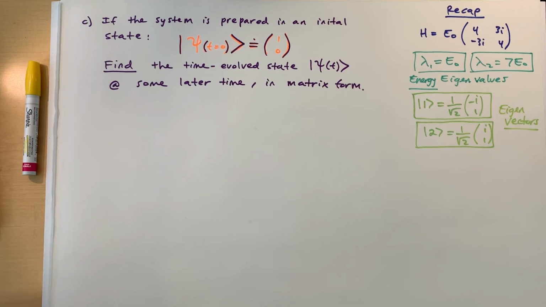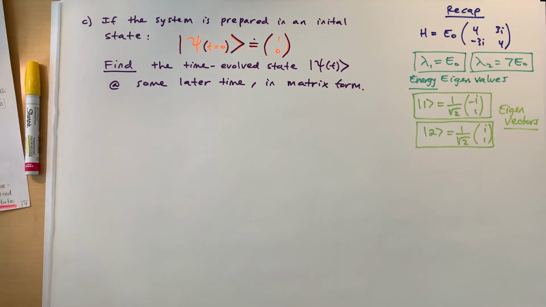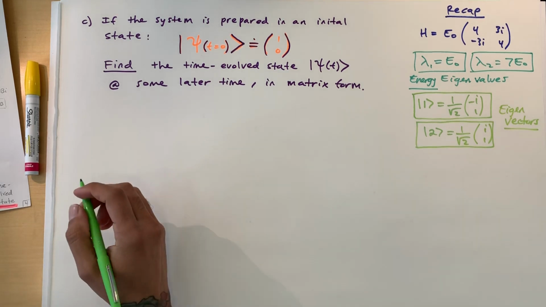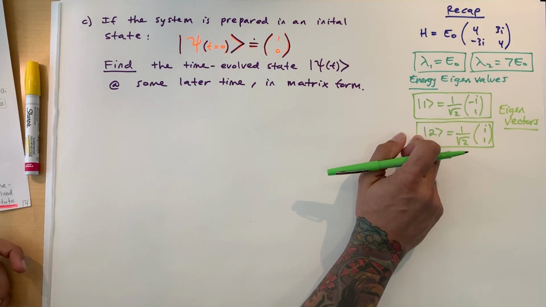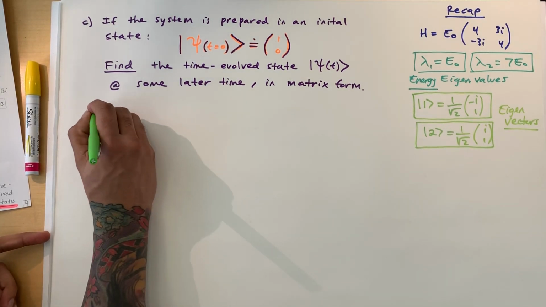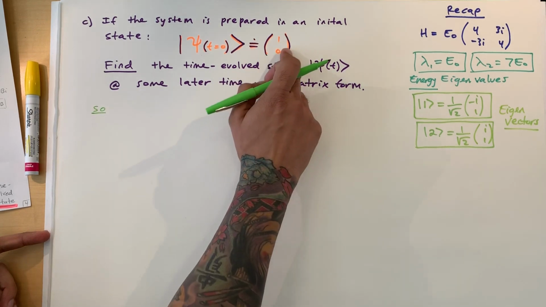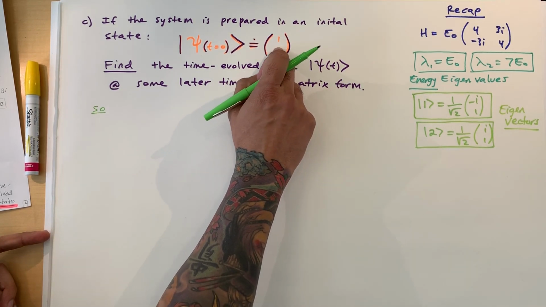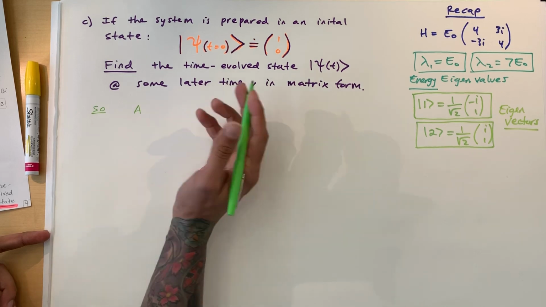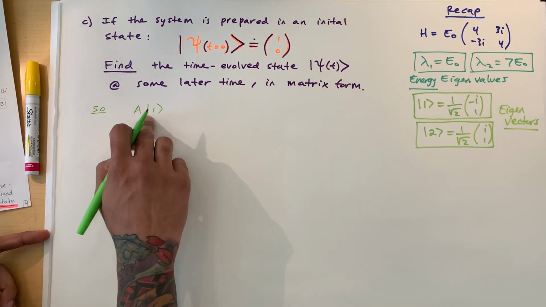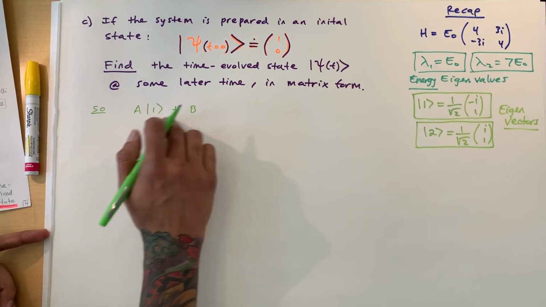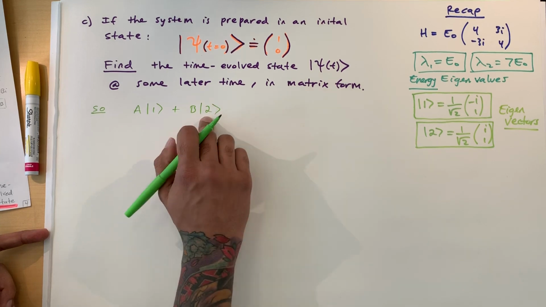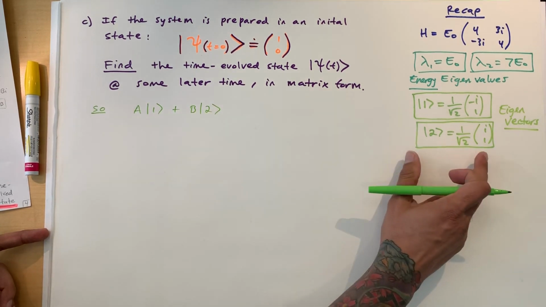So first, we're going to set up, similar to what we did for part B, but we already have our eigenvectors, so now we're just going to find the constants that will allow us to start off with this initial state. So A is some random value times our first eigenvector, and B is another constant times our second eigenvector.